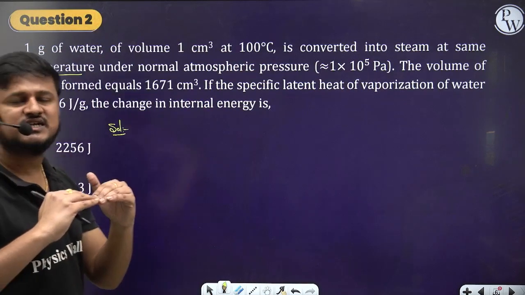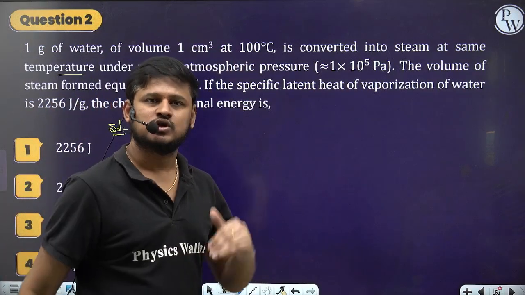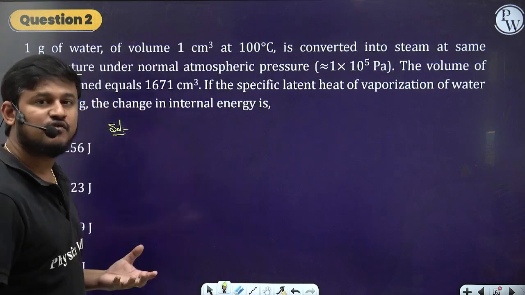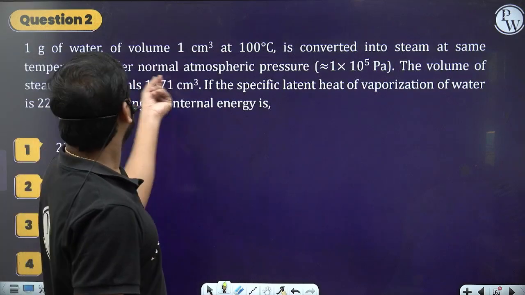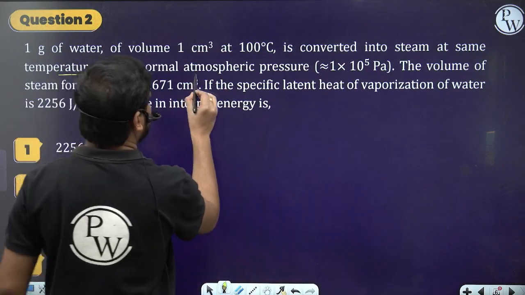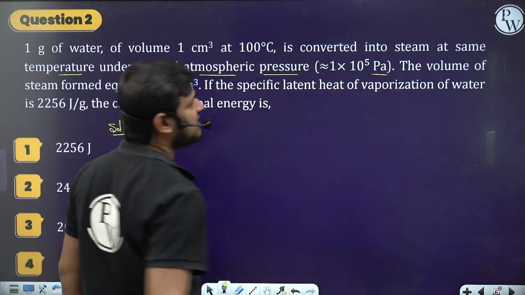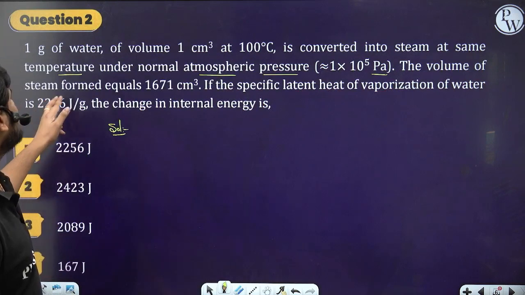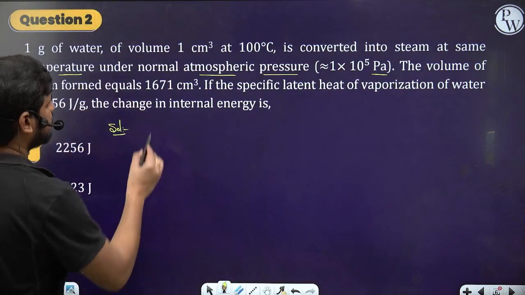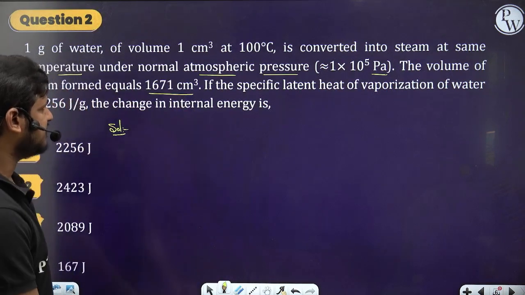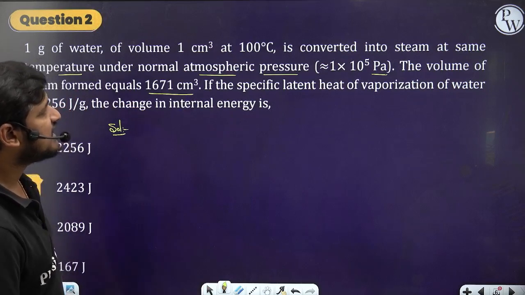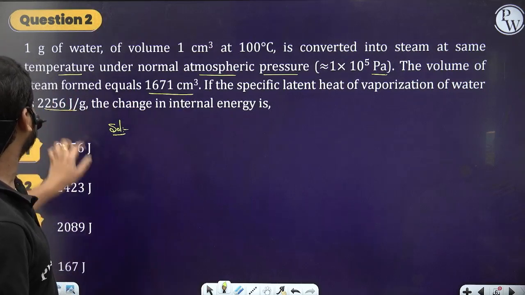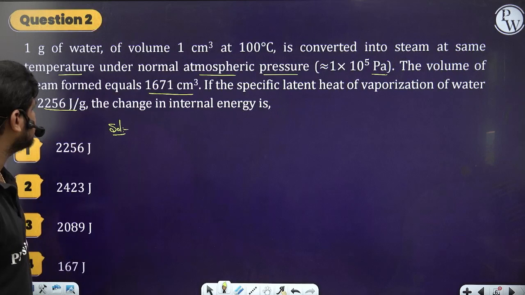So at 100 degrees centigrade the water is converted to steam, right? The latent heat of vaporization: under normal atmospheric pressure, 10 to the power 5 Pascal, that means pressure is constant, the volume of the steam formed equals 1671 centimeter cube. The specific latent heat of vaporization of water is given as 2256 joule per gram.